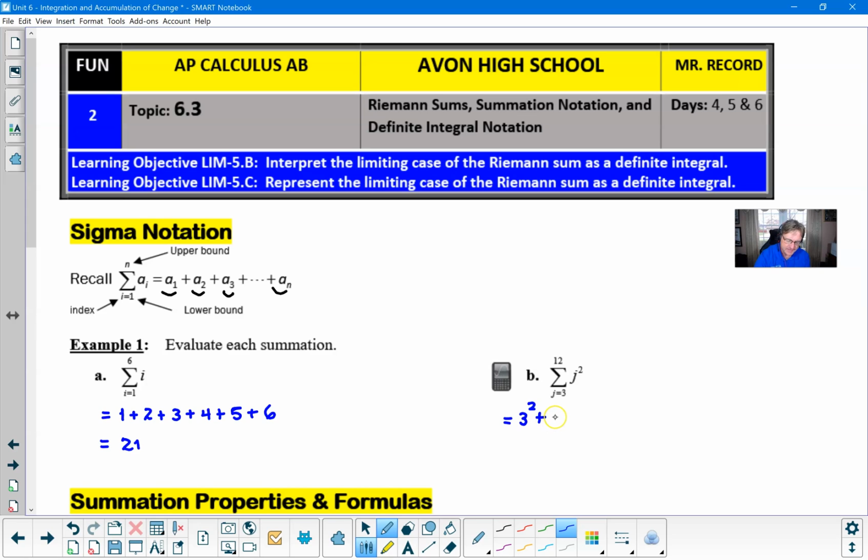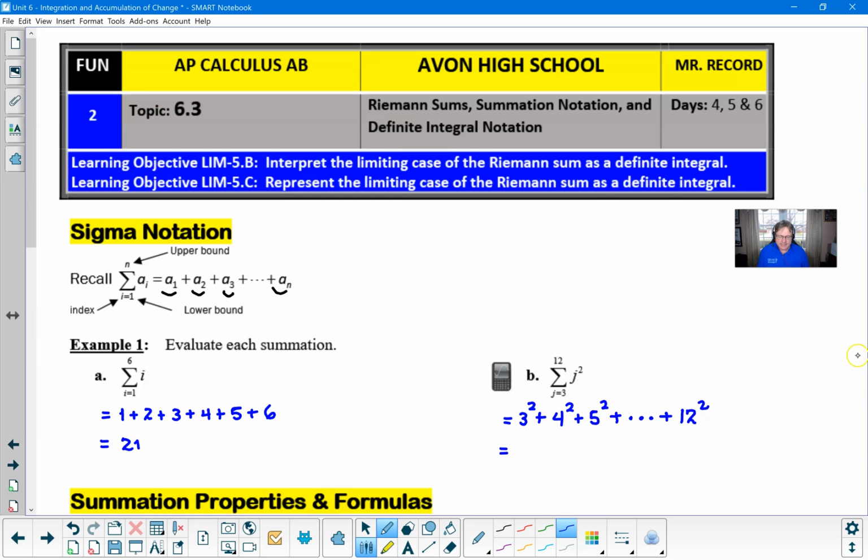And then the summation says add, and then we let j be 4, and then we let j be 5. Well, you guys, I really don't feel like I want to write all of these all the way up to 12. So we know what's happening is eventually we get to that 12 squared. Well, I just don't have the heart to have you figure this out by hand because that's going to get to be a little bit ridiculous.